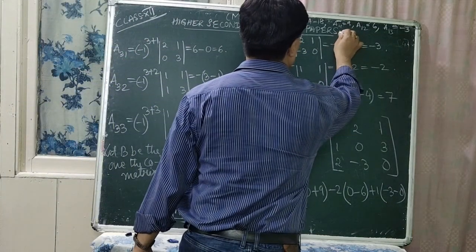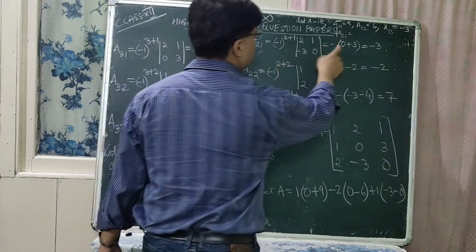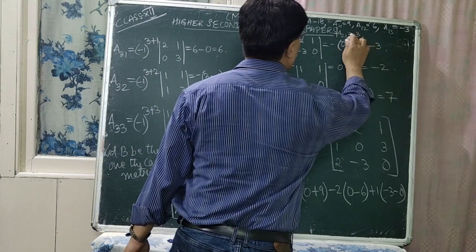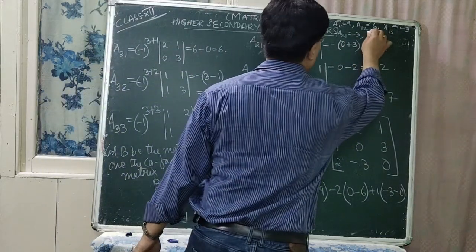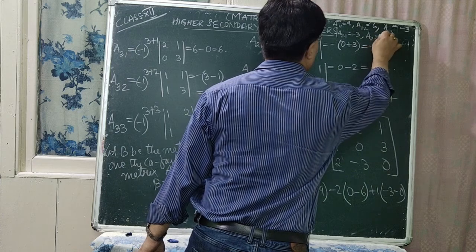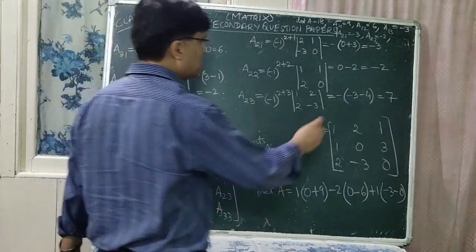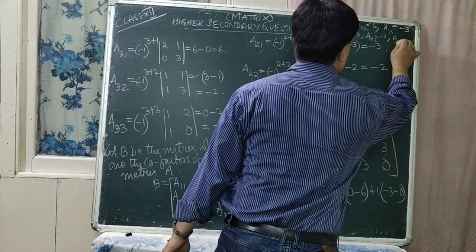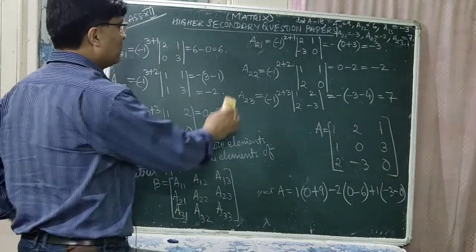What is A21? Because we will rub it. A21 is equal to minus 3. What is A22? Minus 2. A22 is minus 2 and A23 is 7. Okay. Now we will rub it.